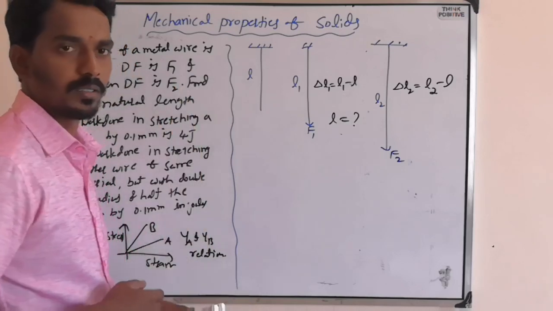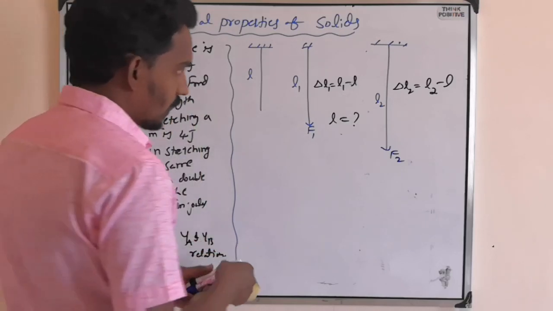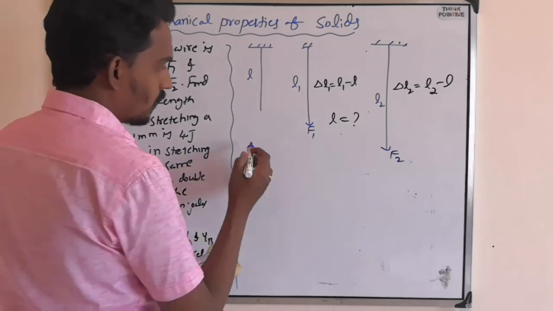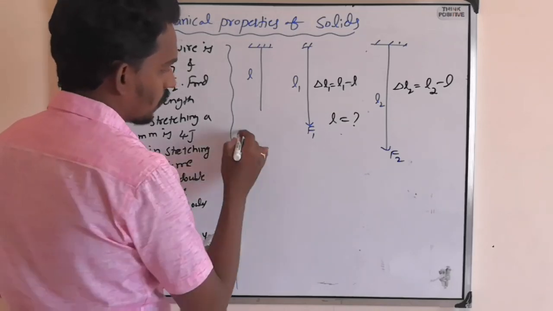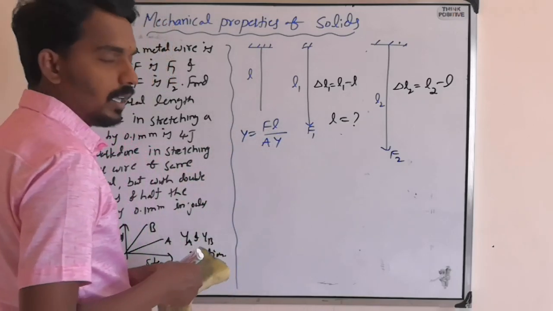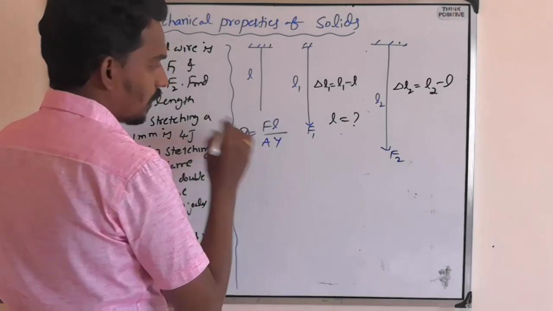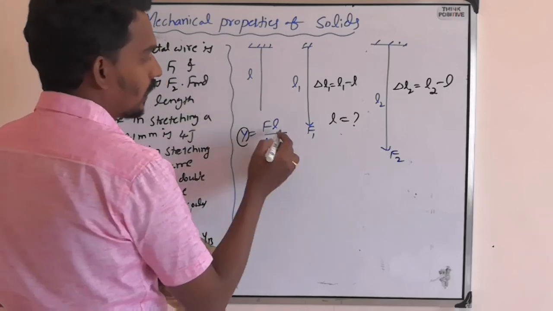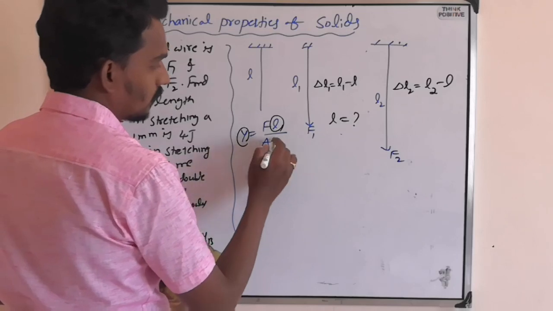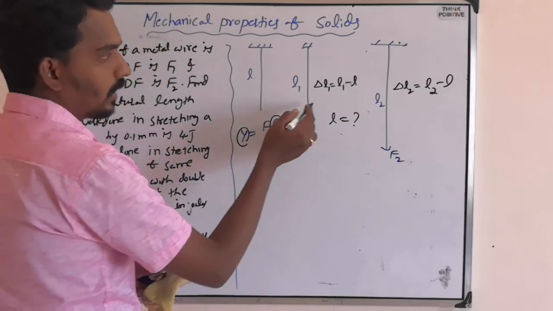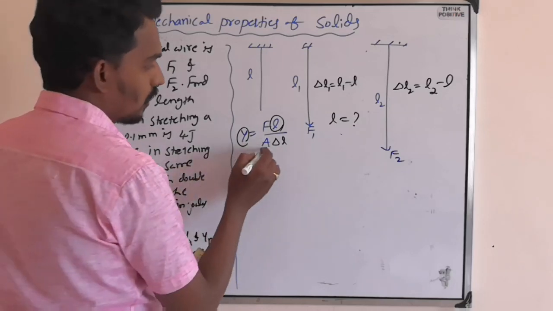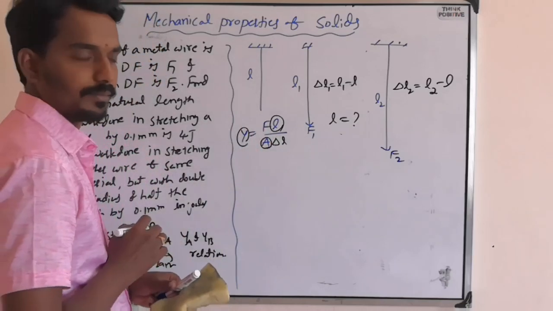Such kind of questions. Here, everywhere the wire is the same. So if you take the equation Y equals FL by A delta L, here Y is the same, initial length is the same, and area is the same. Delta L is different, force is different. Yes or no?